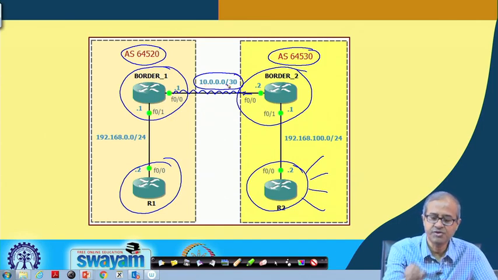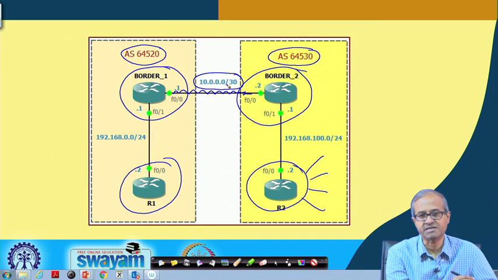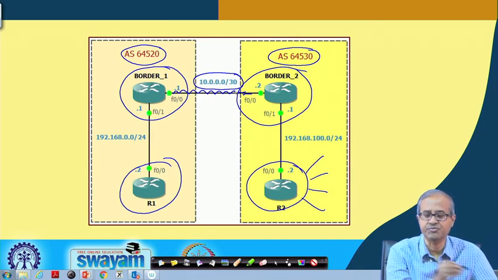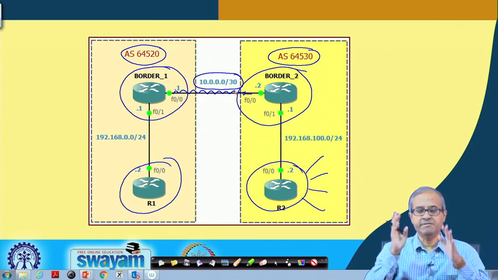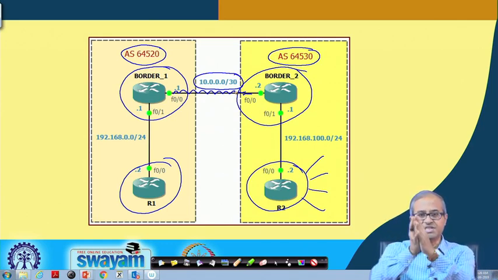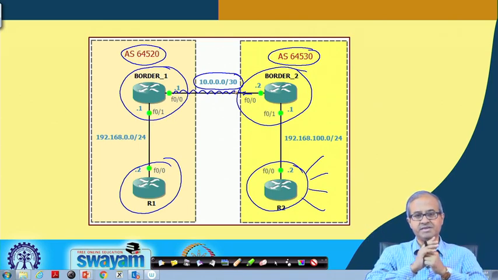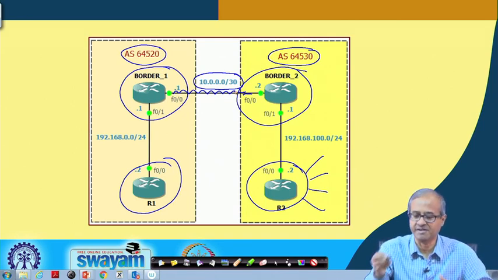So, here we are using this private class A network 10 dot to maintain this dedicated connection between 2 routers. Only when there is a question of routing, you cannot use these private IP addresses. Recall when you discussed IP addresses, we said that some IP addresses are meant to be private. What is meant by private?